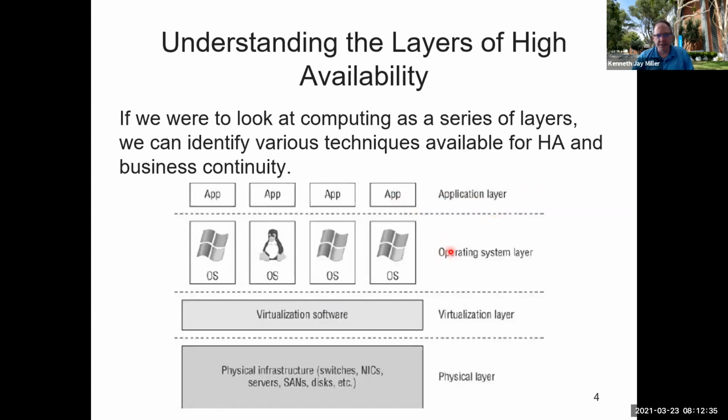Then at the operating system layer, the ability for high availability normally is some sort of clustering. So whenever we say clustering, we're talking about what are known as nodes. So each operating system would be considered a node. Now, for the operating system layer, for the clustering to work, they have to be the same operating system, right?